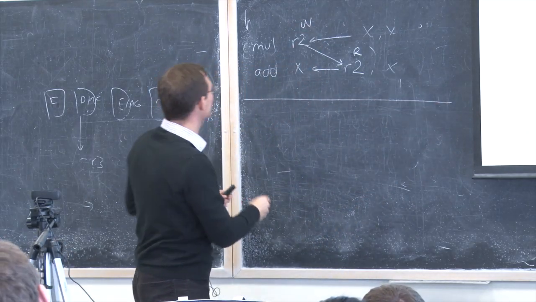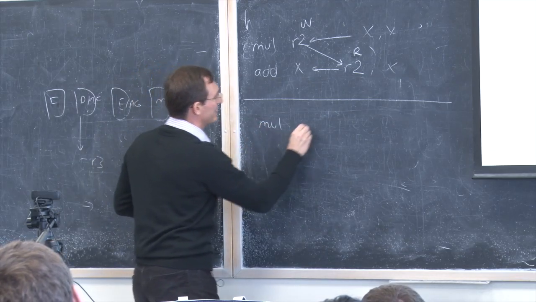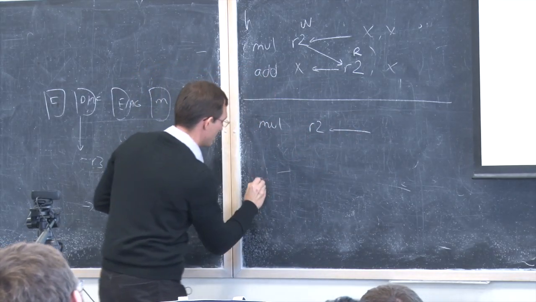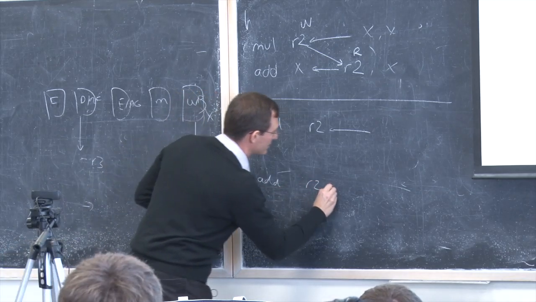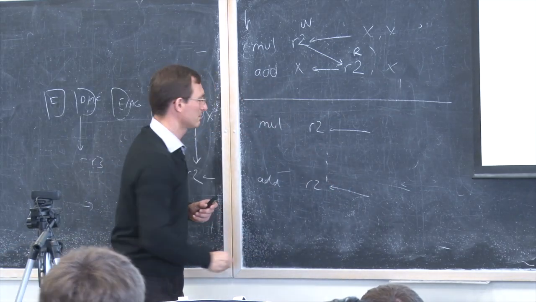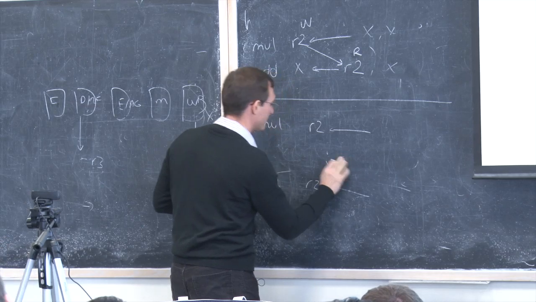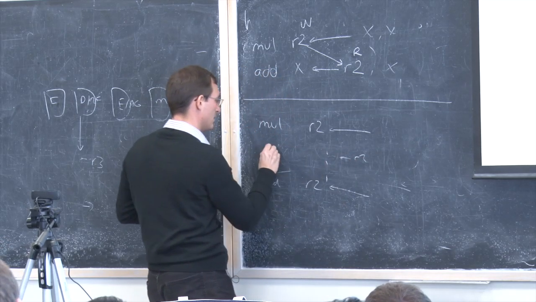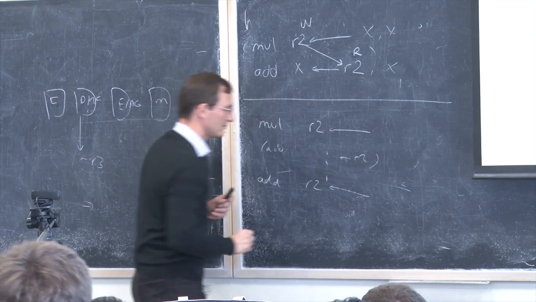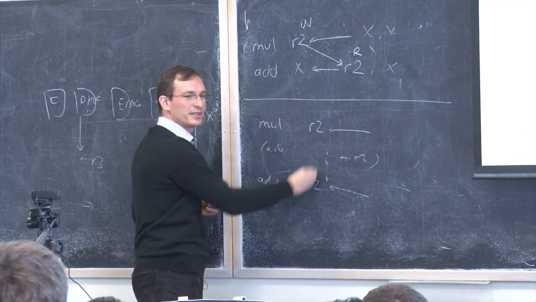If you look at an output dependence, you have a multiply that's writing to R2, and later you have an add that's writing to R2. And you may have an add over here that's reading from R2. There's really no dependence here, right?